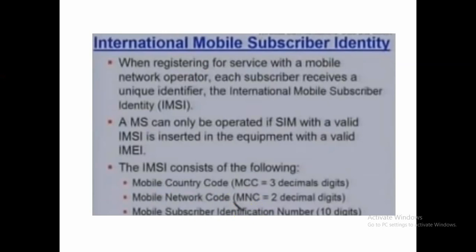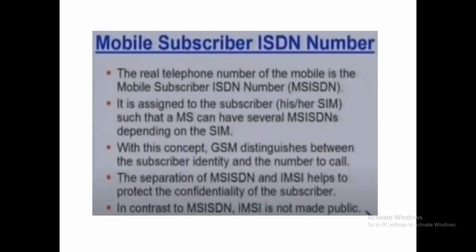Now we'll go to the next slide, related to the Mobile Subscriber ISDN number, that is the MSISDN. The real telephone number of the mobile is the Mobile Subscriber ISDN number.